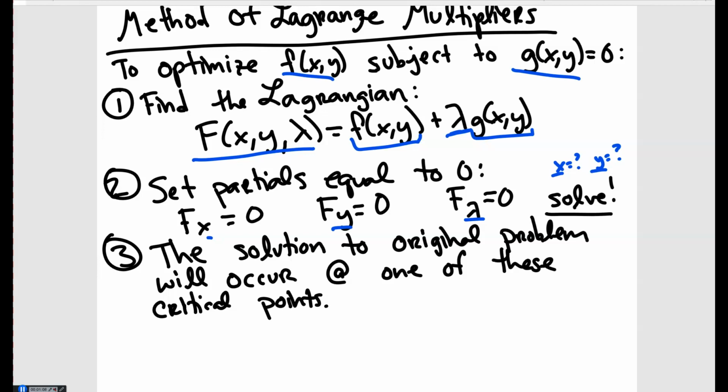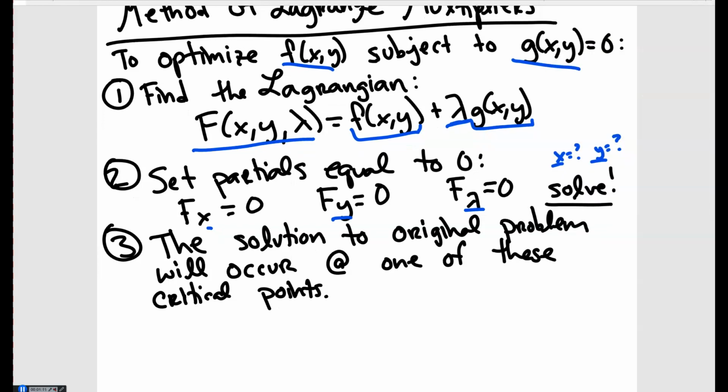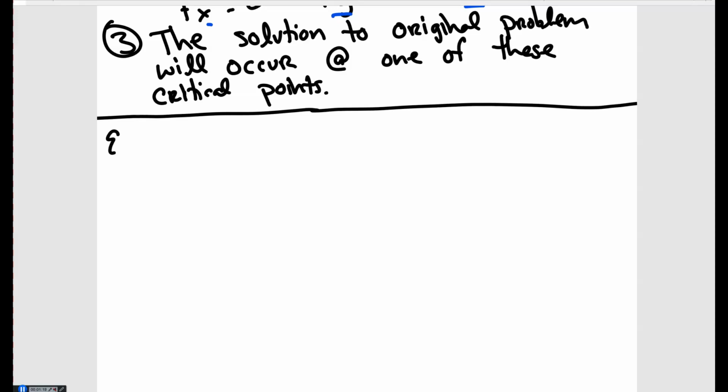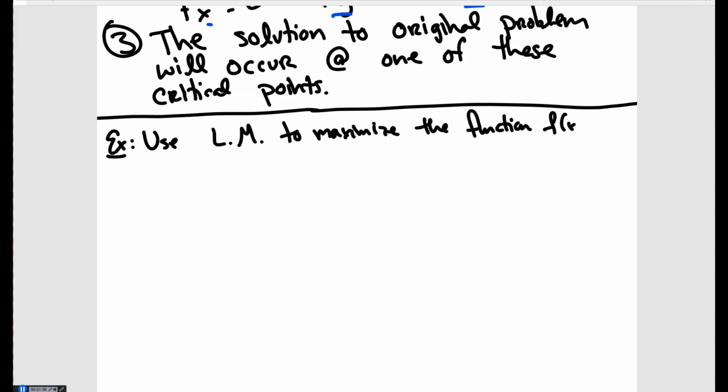Okay, so let's go ahead and do a problem. We did one in class, but let's do another one, one that's a little bit more general. So here is my example. Use Lagrange multipliers, let me just write LM for Lagrange multipliers, to maximize the function f of x comma y subject to the constraint.